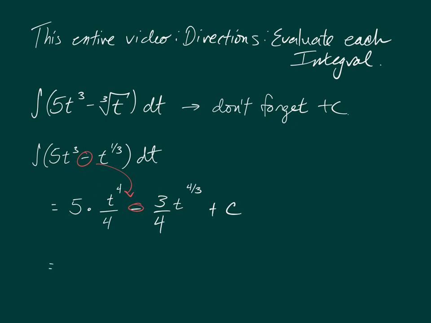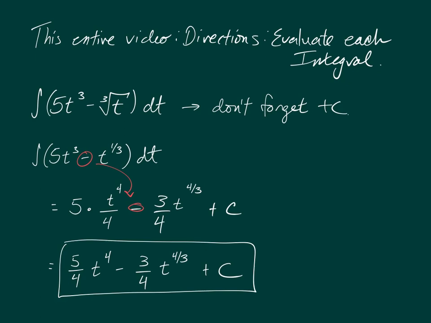I'm going to write 5/4 t to the 4th power minus 3/4 t to the 4/3 power plus c, just to make it look a little nicer. This notation here is a little clunky, so I just rewrote it. And that's the antiderivative for this.